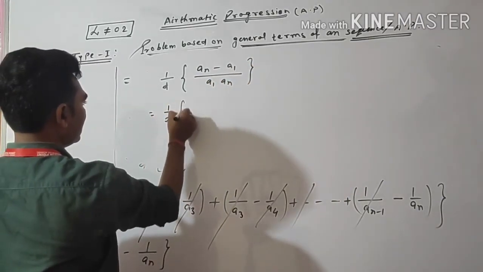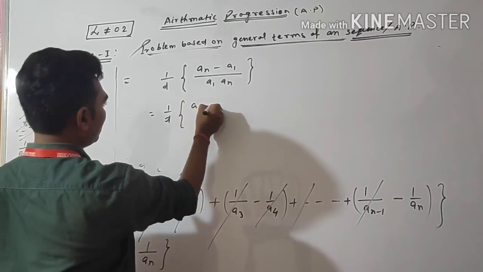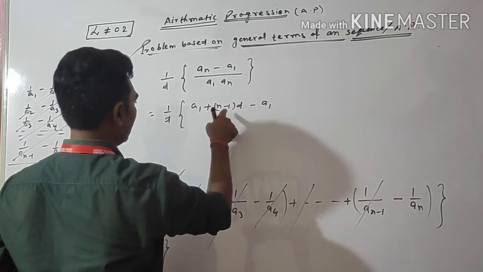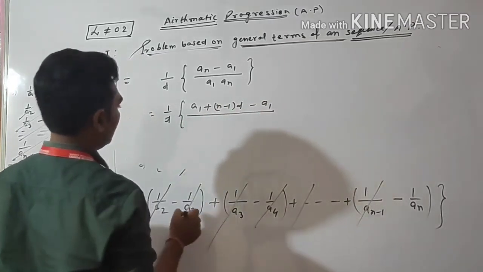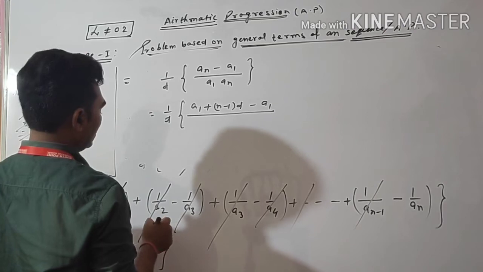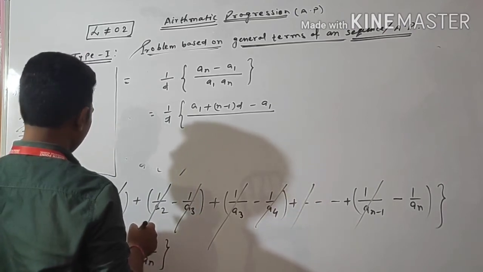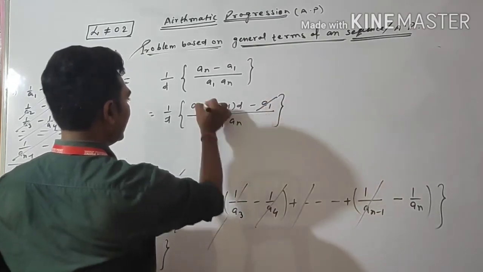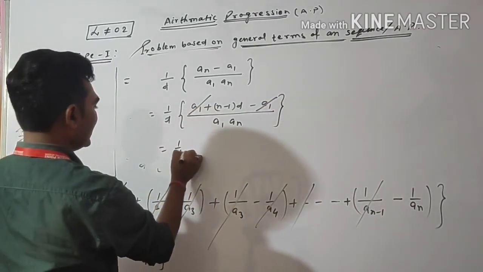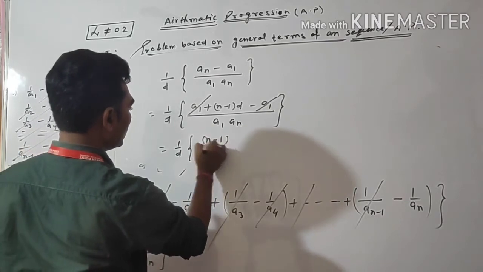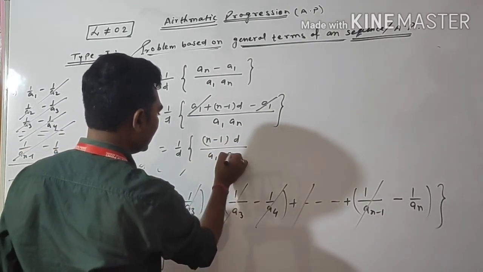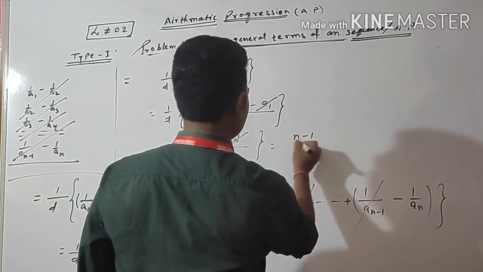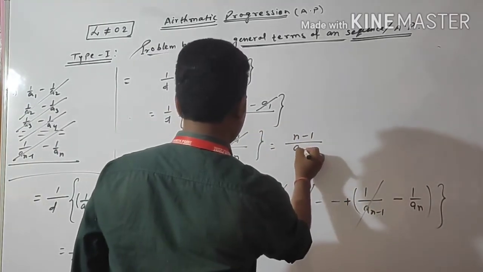And 1 by D into A1 plus (n minus 1) into D minus A1 by A1 An, and A1 is cancelled, 1 by D into (n minus 1) into D by A1 An, and D D cancelled, and finally (n minus 1) by A1 An.